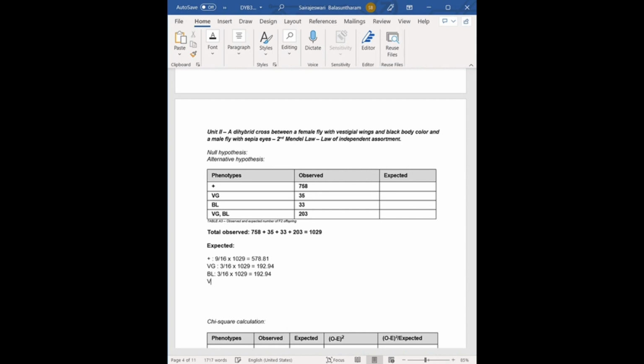And then lastly is vertical and black phenotype. The expected will be 1/16 times 1029 and you will get 64.31. After calculating the expected phenotypes, you have to fill in the table with the results that you obtain.